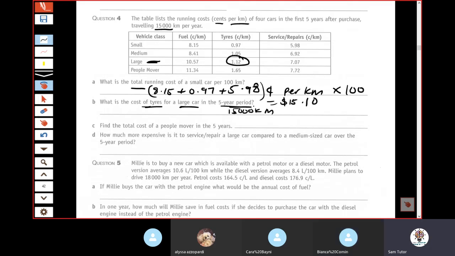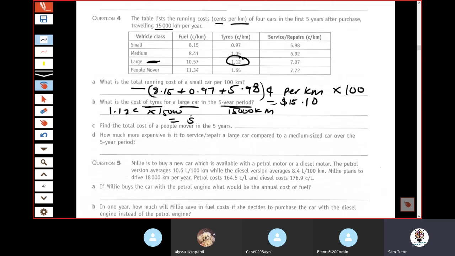The cost of tires would be 1.12 cents per kilometer for 15,000 kilometers, right? So it becomes 168,000.